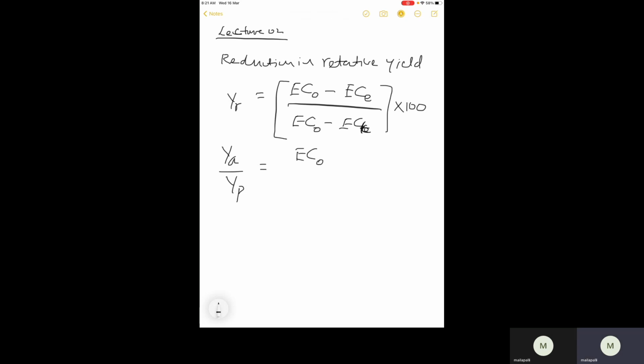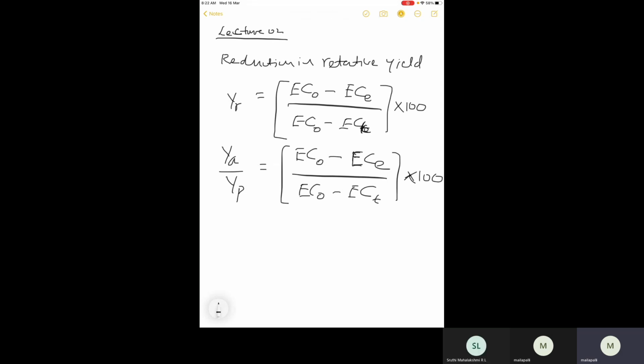Okay, EC0 is where crop production happens when the soil salinity is within the limits, so you get the maximum yield. And ECE is the EC of the saturated soil extract, and EC0 by ECT into 100.